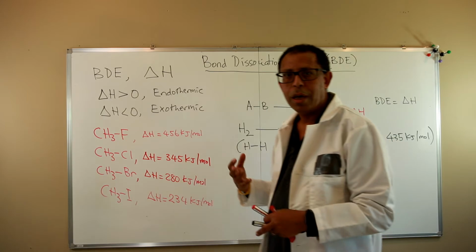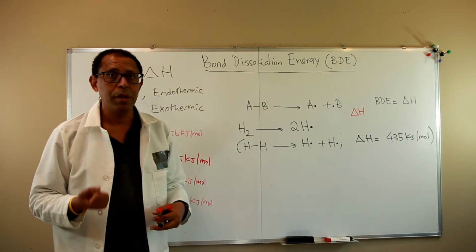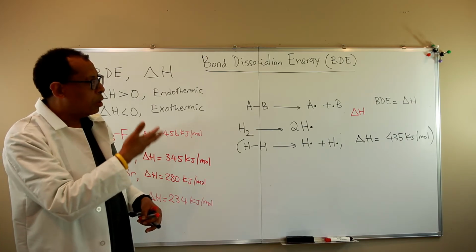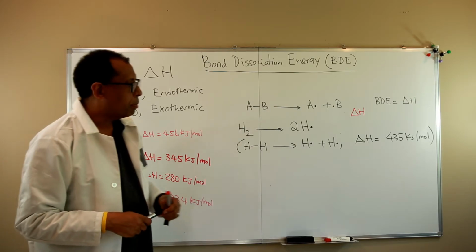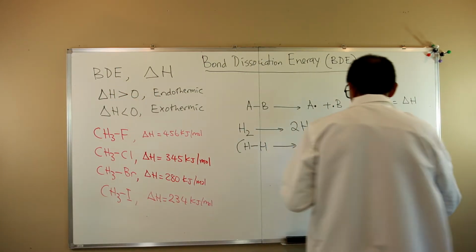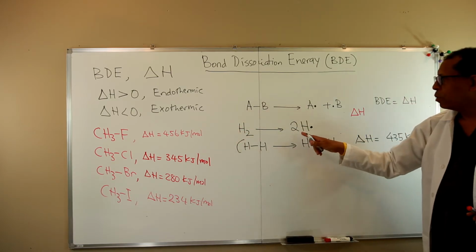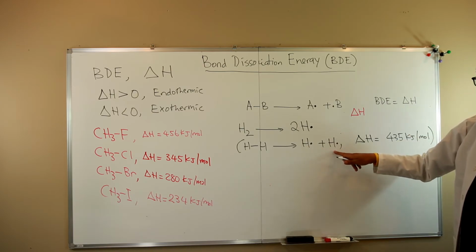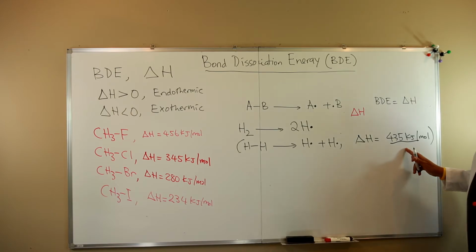Obviously, to break a hydrogen bond you have to put in a lot of energy. So the delta H, or the bond dissociation energy per 1 mole of hydrogen gas to convert it into two H radicals, is 435 kilojoules per mole.